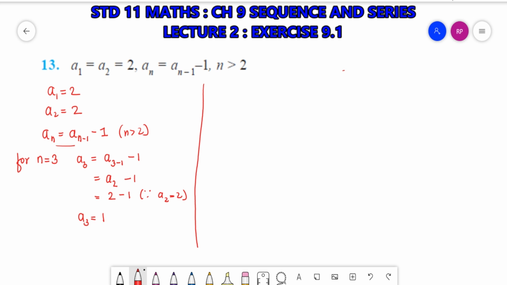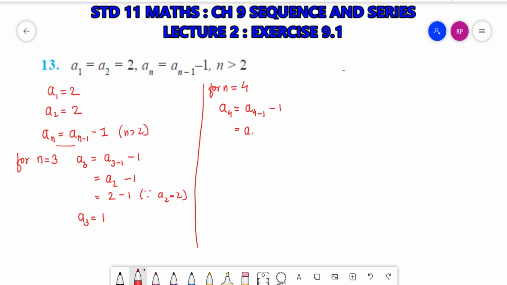Let's see the fourth term, that is a4 for n equal to 4. For n equal to 4, a4 is equal to a n minus 1 minus 1, that means 4 minus 1 minus 1.